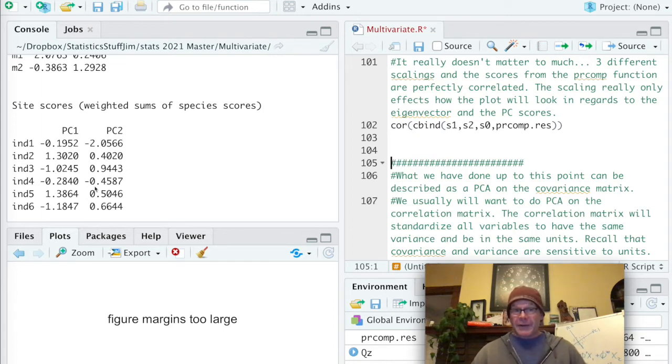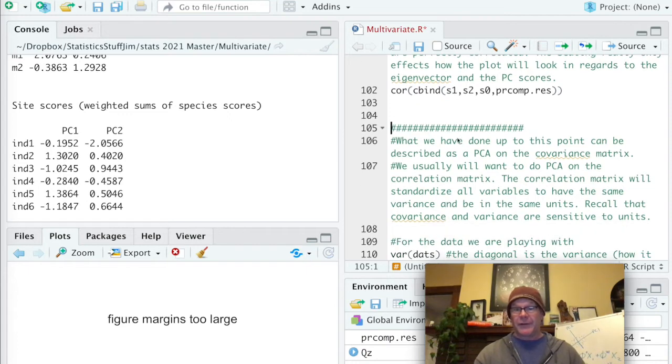So oftentimes what people want is to do a principal components analysis on the correlation matrix. And remember, the correlation matrix is nothing more than simply the covariance of Z-transformed data, right? And so this can become really important if the things that we're measuring that make up our data are measured in different units, right? Because again, covariance is sensitive to the units.